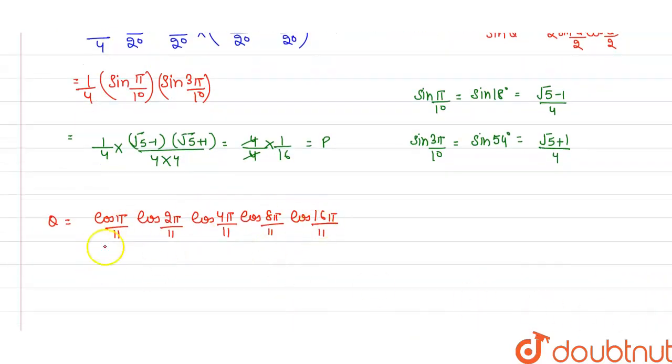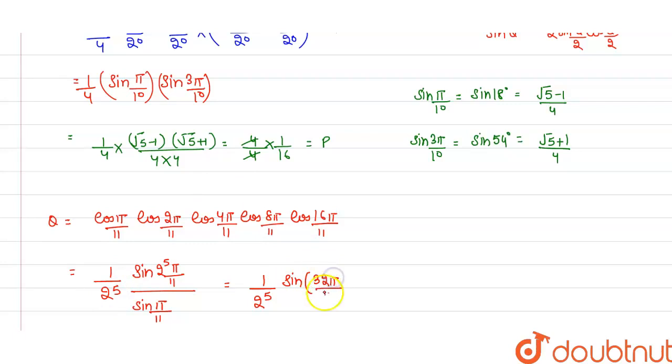Now as we know, when we have this term, we will get 1 by 2 to the power 5 into sin of 2 to the power 5 into pi by 11, divided by sin pi by 11. Now this is written as 1 by 2 to the power 5, that is 32, sin 32 pi by 11 divided by sin pi by 11.